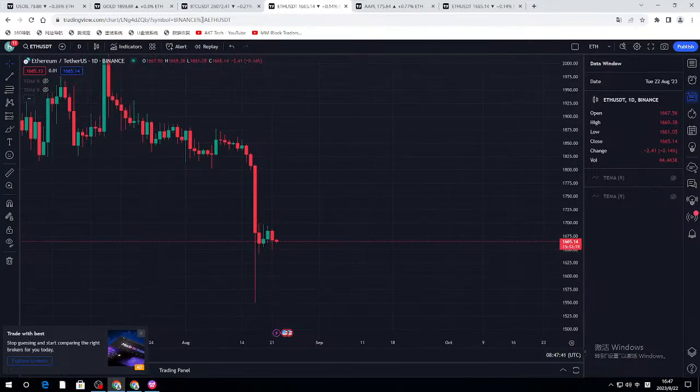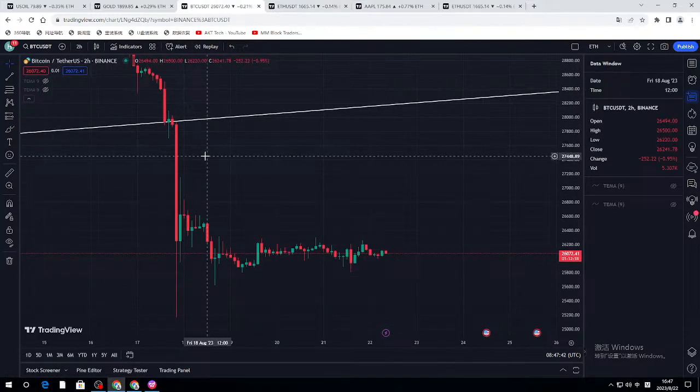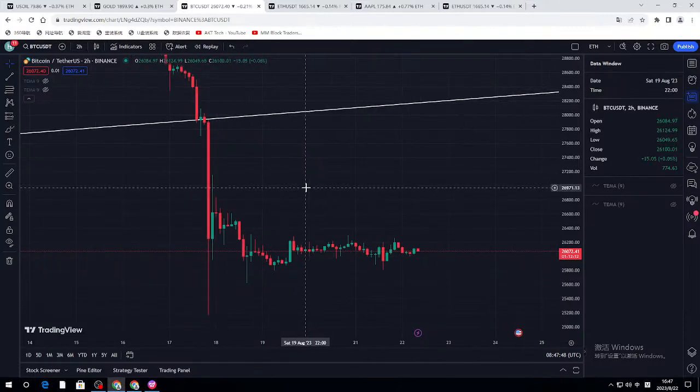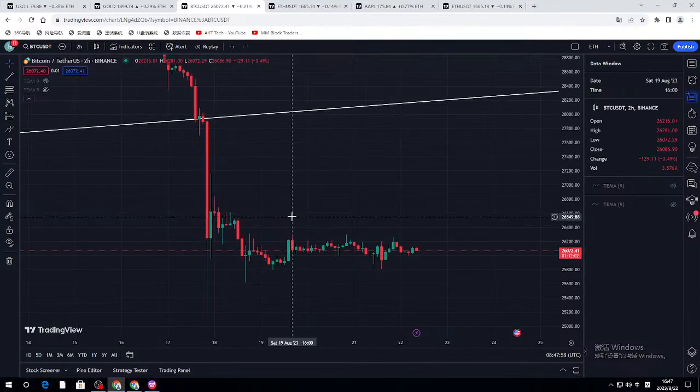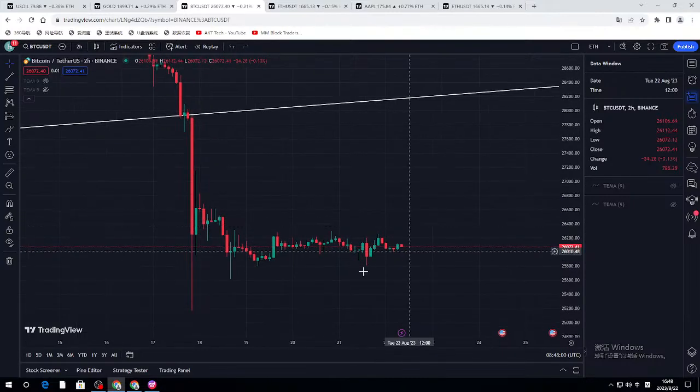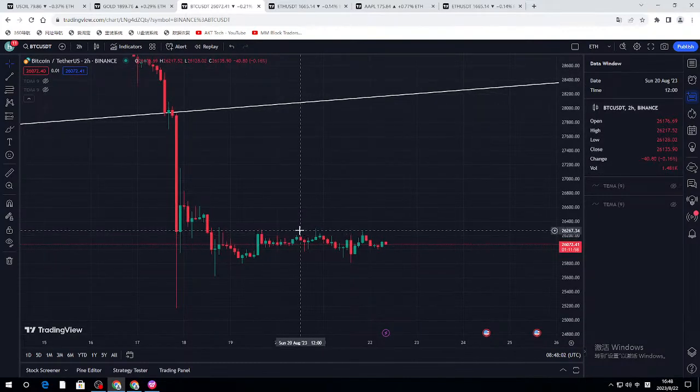So first of all, I'm going to talk about Bitcoin and the Bitcoin USD chart, as you can see right here. So let's take a look at the Bitcoin USD chart first. This pattern is playing out in the short term, which I will talk about later in the live, so definitely watch to the end.